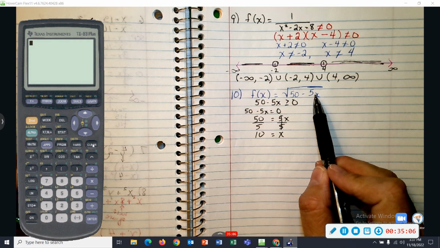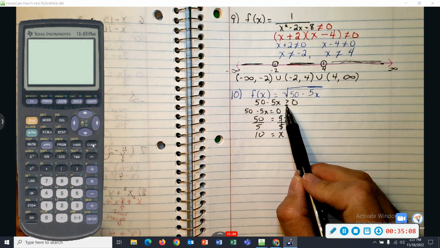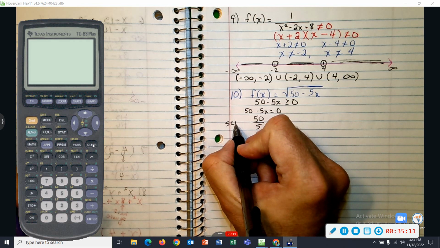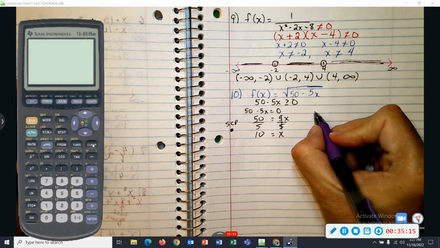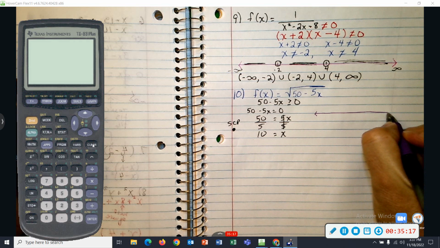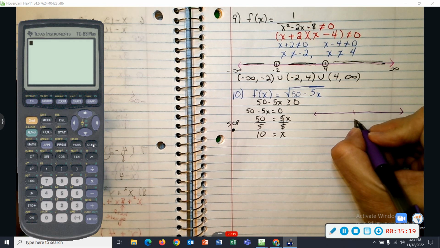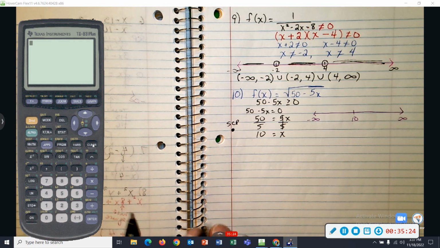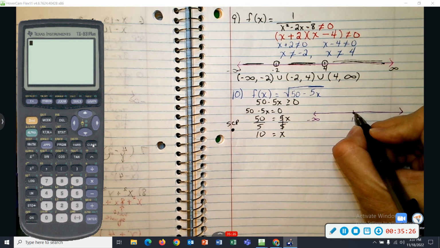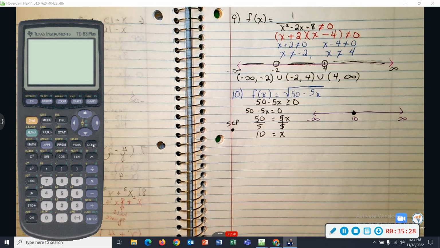But this solution cut point, because of the equal sign there, it's going to have a closed circle. So I draw my number line, label the number 10 with a closed circle, and then test the interval.